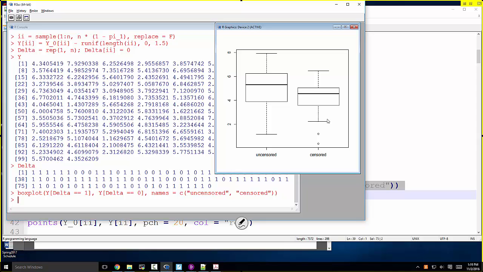So the distribution of the uncensored individuals looks like the population. Has a mean of 5, standard deviation of about 1.5. The distribution of the censored individuals is biased downwards or shifted downwards, because whereas the true event times were centered at 5, every one of these individuals was observed last sometime before their actual death time.